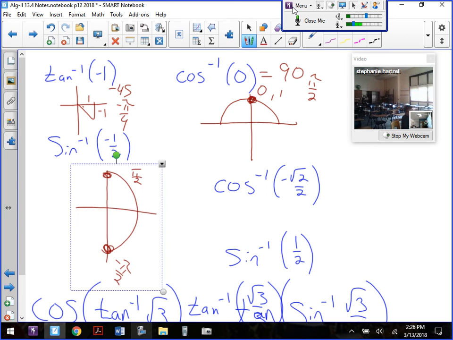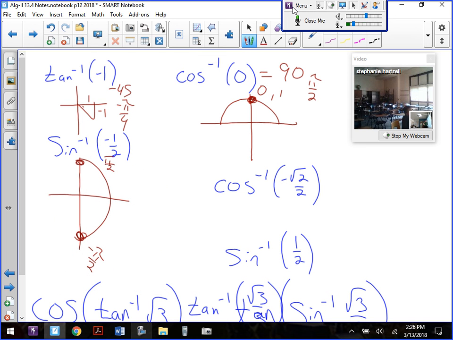So if this is negative 1 over 2, that means my opposite is the negative 1. My hypotenuse is the 2. Which of the two special right triangles had 1s and 2s in it? The 30, 60, 90. The 45 had the 1s and the root 2s. Okay? So which of the two angles had the opposite of 1? The 30. So that means this one is negative 30, negative pi over 6.